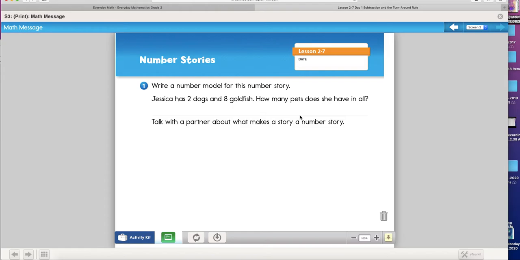All right, now let's see what kind of number models we came up with. Jake, since you were the first one to hold up your book, can you explain to me what your number model was, please? Okay, how did you figure that out, Jake? Jake, I want to hear your answer, hon.